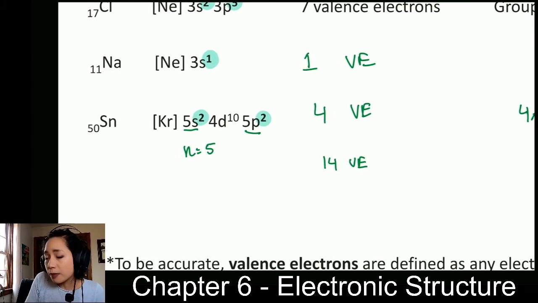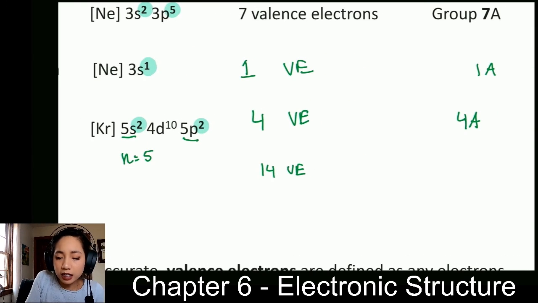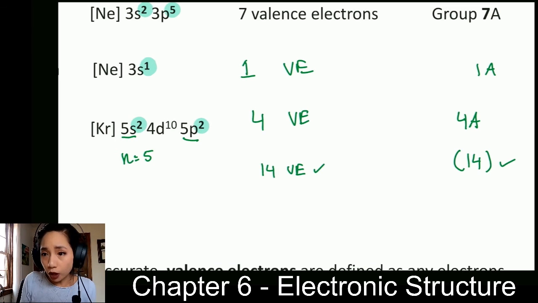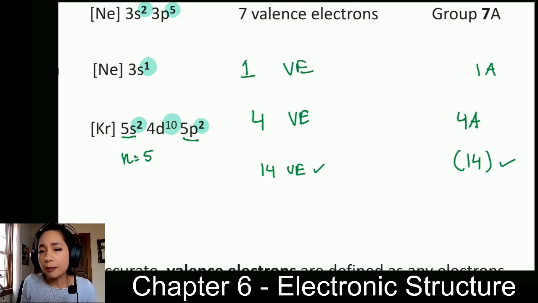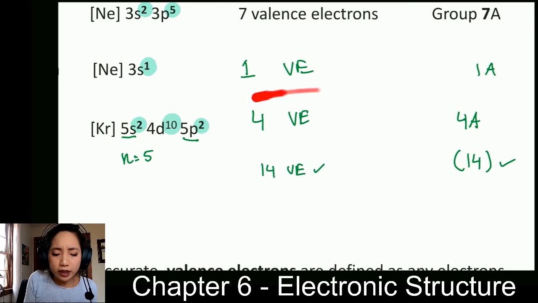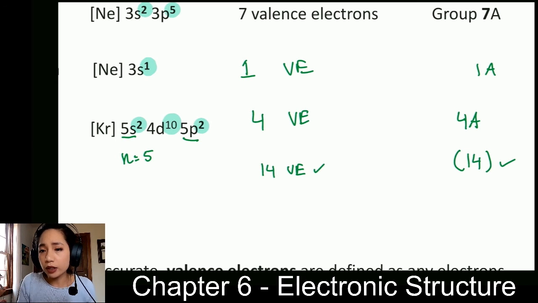On some periodic tables, you'll see that tin is in group 14, so this would also work. We would count these 4d10 electrons. But typically, if we just look at the outermost electrons in the highest n value, that will get you the number of valence electrons typically involved in chemical reactions.